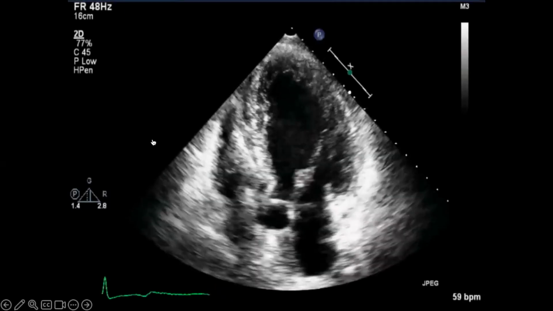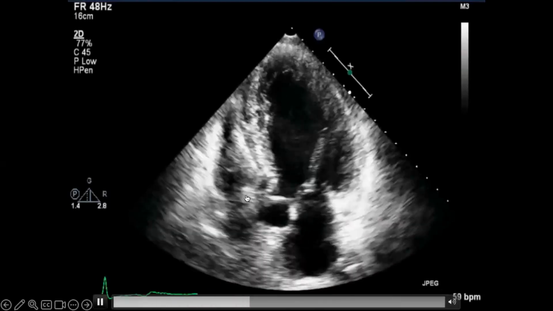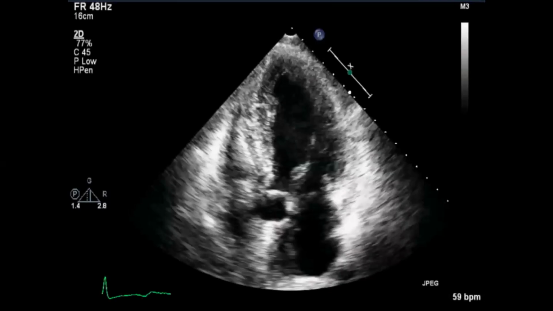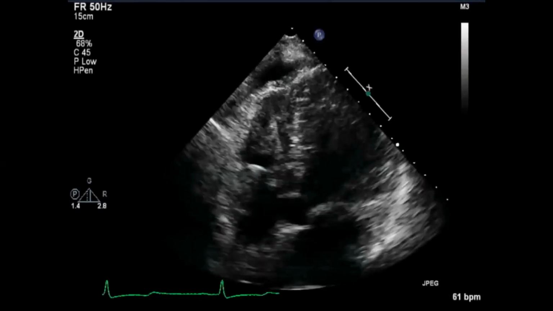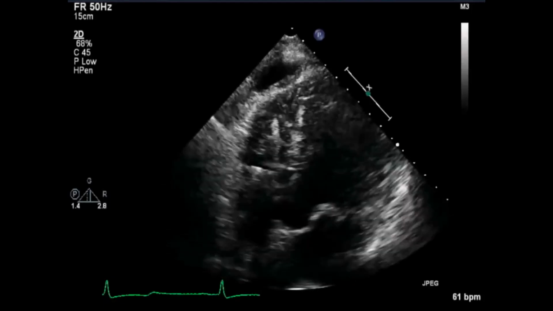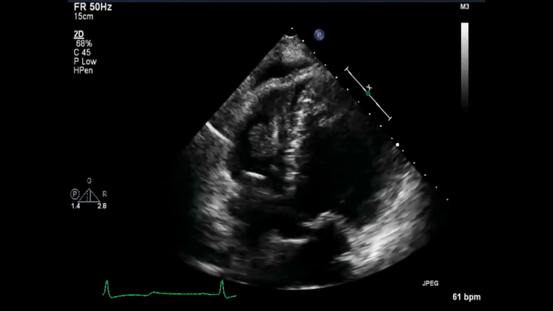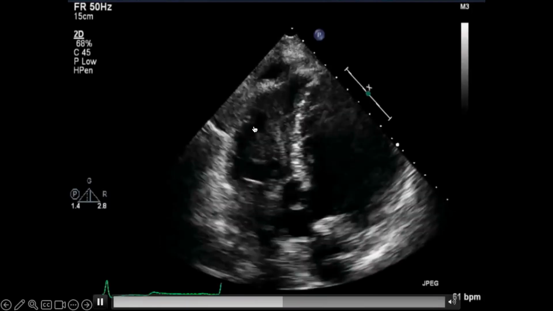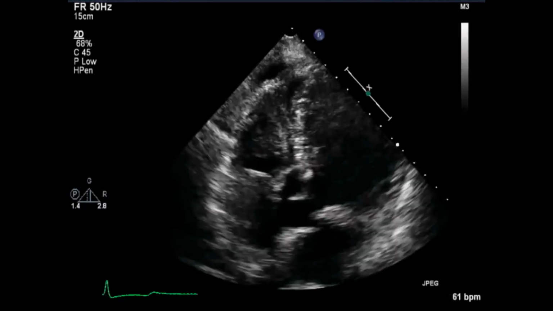You can see part of the ICD leads, but is there anything else that catches your attention? RV function. Sure, I'll show you another view. So yeah, there's a mass. It turned out to be a thrombus attached to the ICD lead that resolved after anticoagulation in this patient.